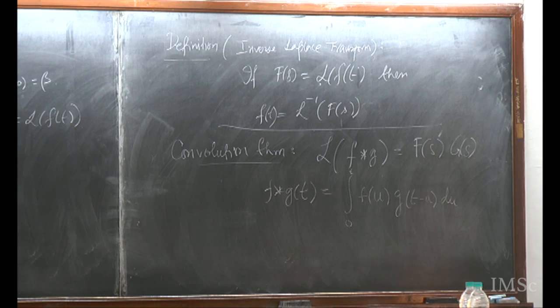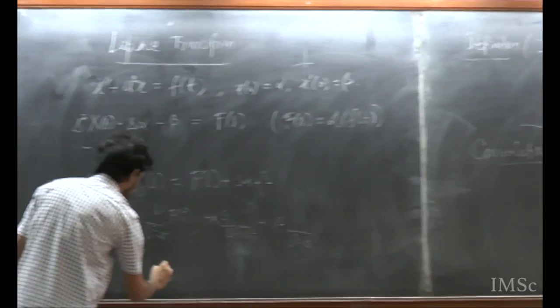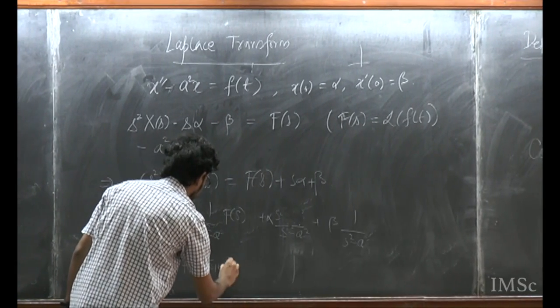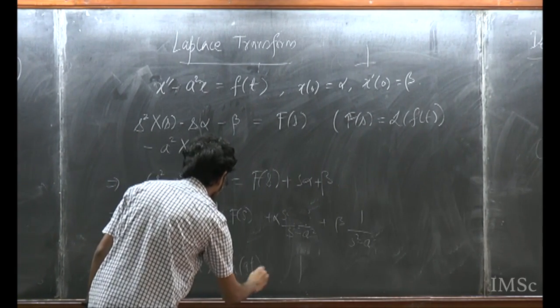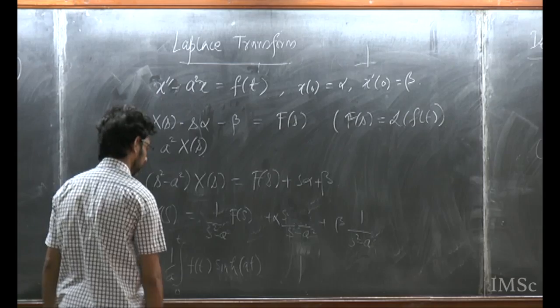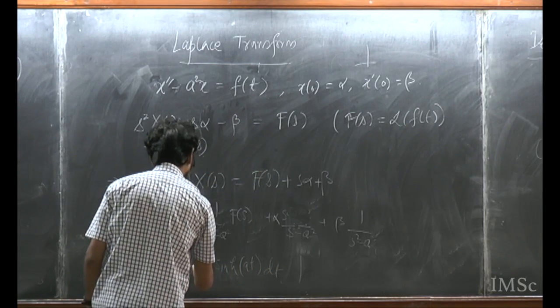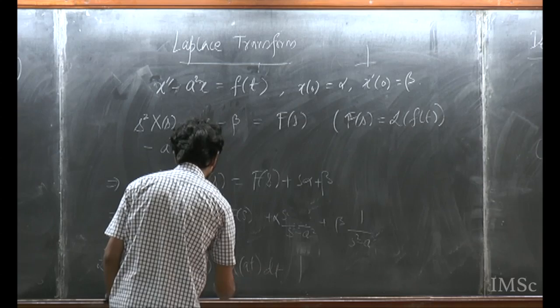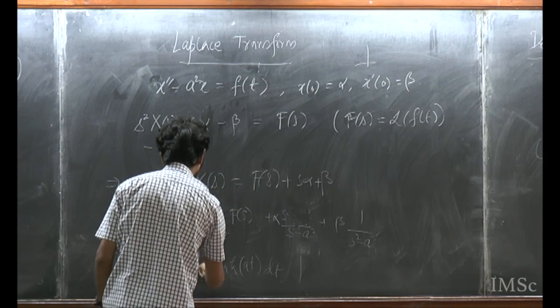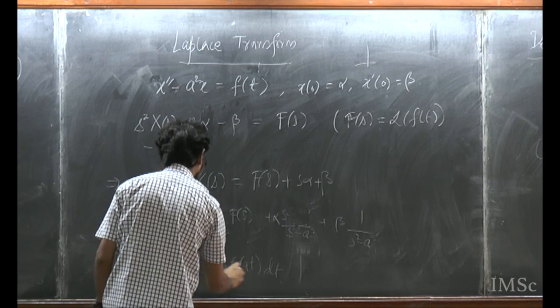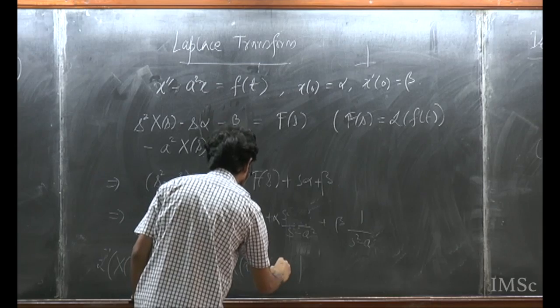This is the integral from 0 to t of f of u hyperbolic sine of a(t minus u) times 1 over a du.